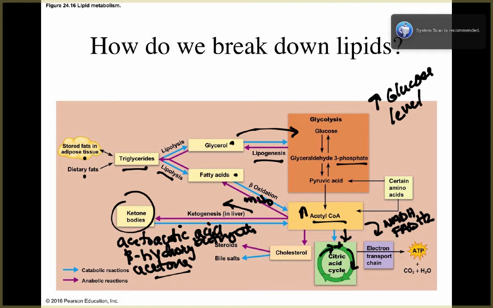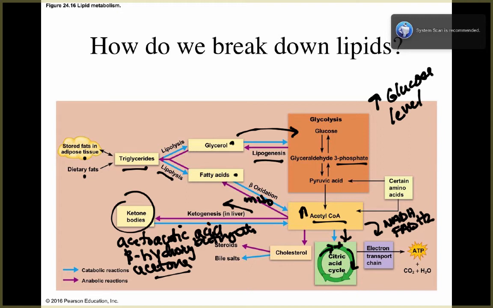And so accumulation of these ketone bodies in the blood can be bad. It can lead to ketosis, which a lot of people are striving for all the time, right? Ketosis is pretty common in starvation, unwise dieting, or in diabetes mellitus.